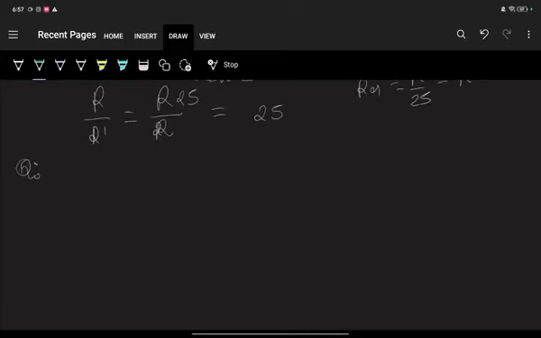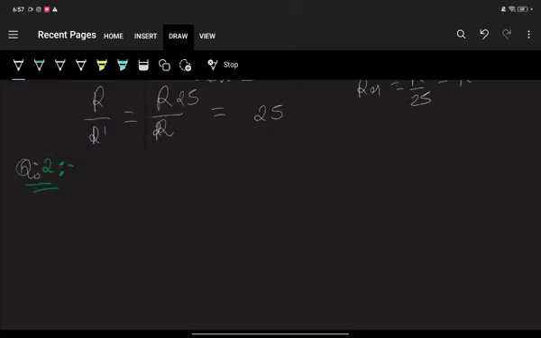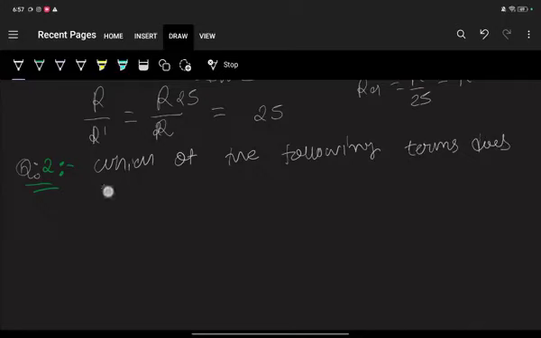Question number 2. The question says, which of the following terms does not represent electric power?